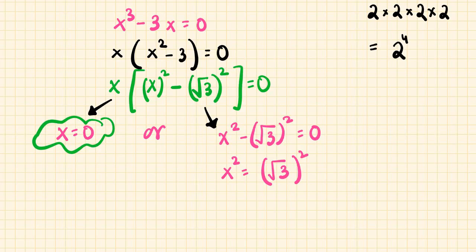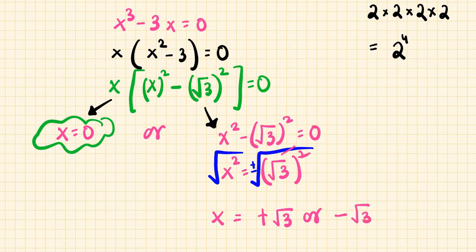Now, square rooting it again. When you square root it, the answer would be plus minus, right? Because you know, when you square root any equation, you do this, right? Now, continuing, it becomes x equal to plus root 3 or minus root 3, right?